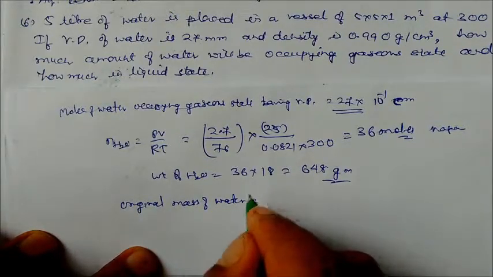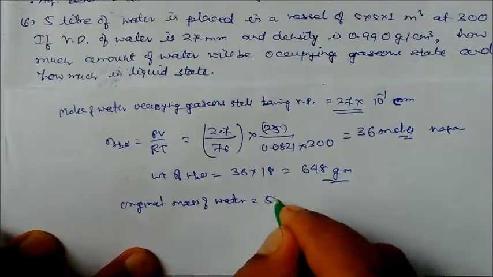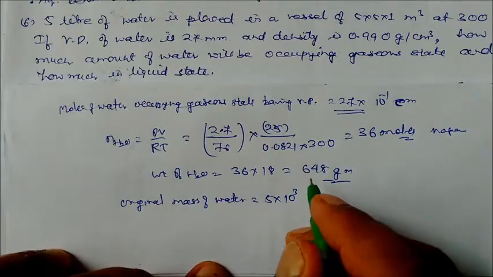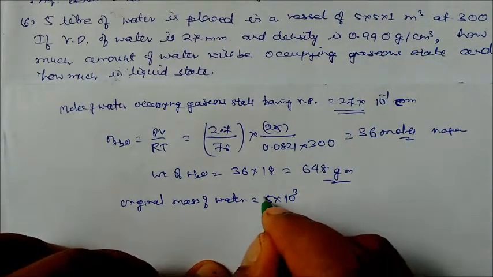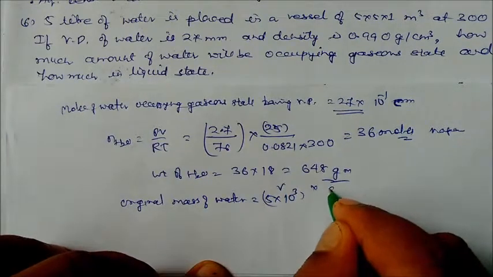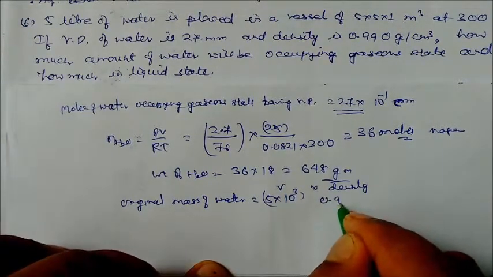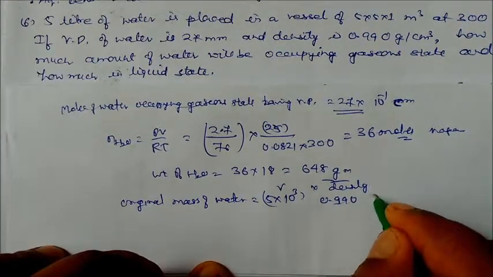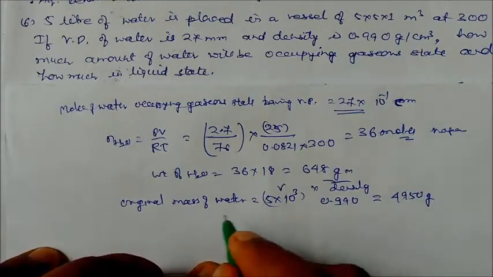The total volume is given here, that is 5 liter, so take 5 into 10 power 3, converted to centimeter cube, multiplied by density. The density is 0.990. On solving we will get 4950 gram. So this is the total mass of water.